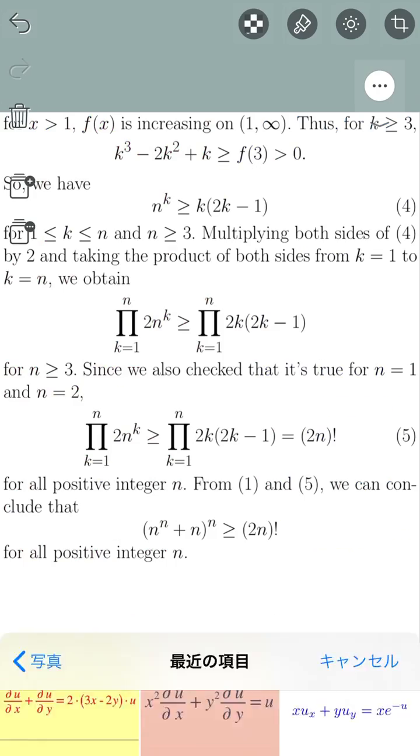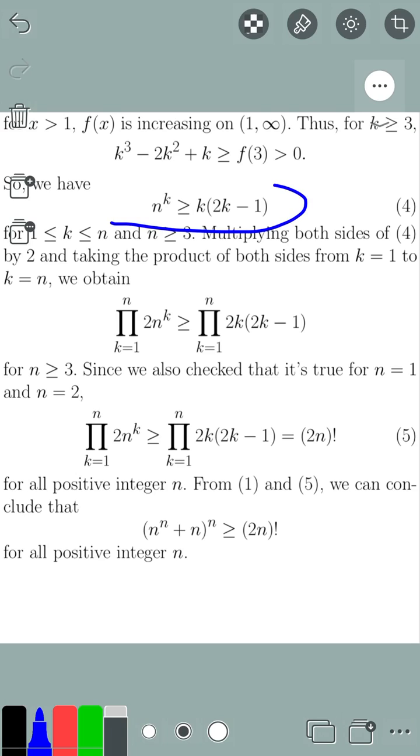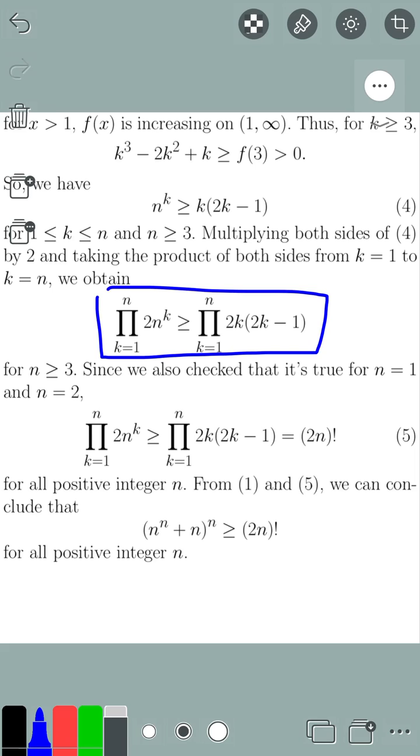Alright, so we proved this inequality for any k between 1 and n, and for n larger than or equal to 3. Now we multiply both sides of this inequality by 2, and then take the product from k equals 1 to k equals n of both sides, and we obtain this inequality, which is what we wanted to prove.